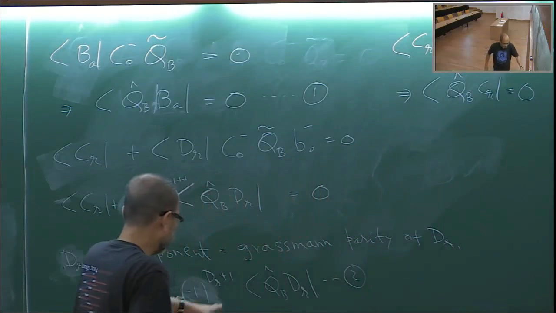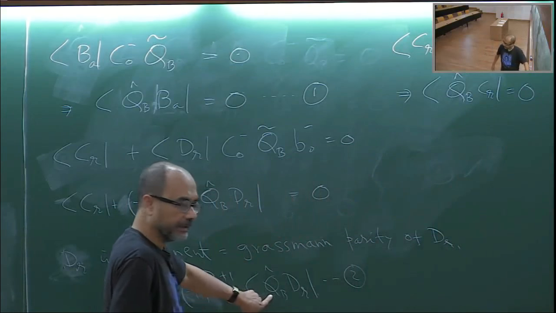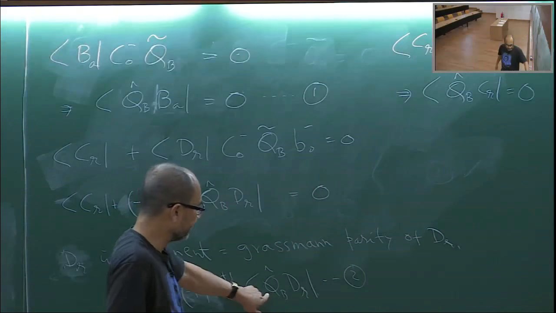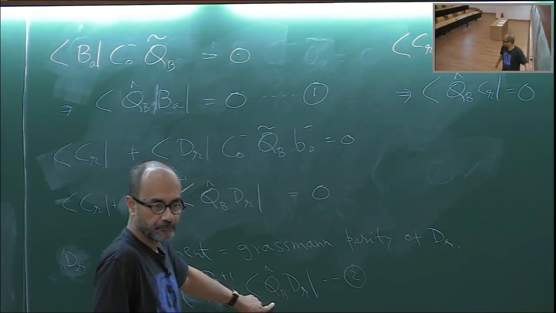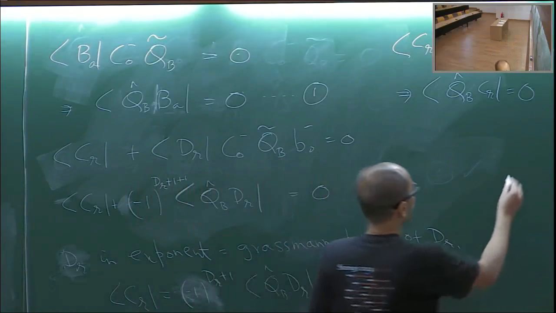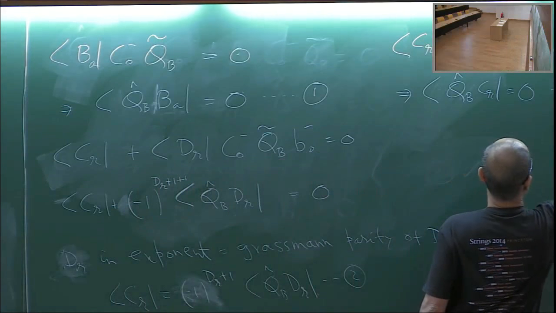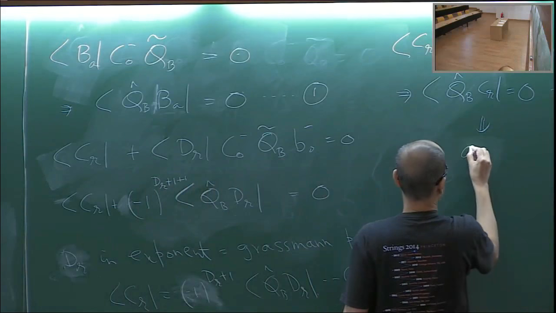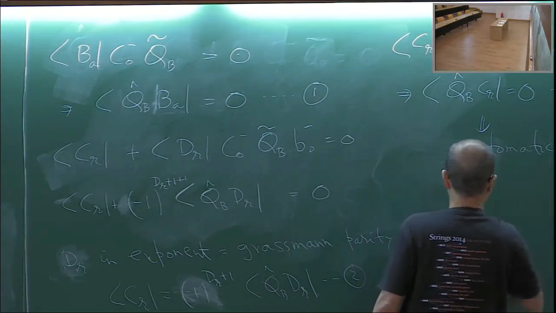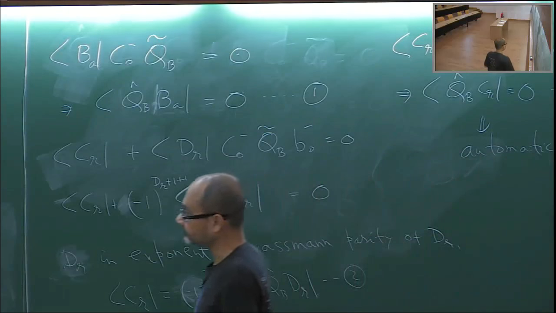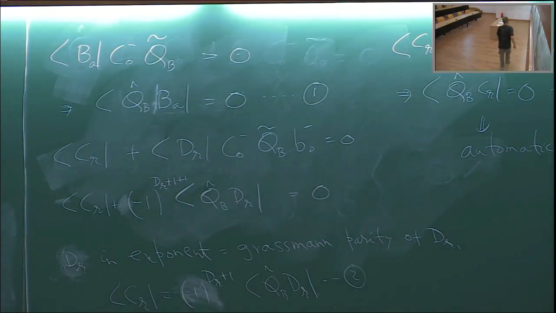But QB hat CR of course is 0 by this, because QB hat CR is QB hat square dr, and QB hat square is 0. So this is trivial. So this was condition 3, but automatic. So using this, now I am going to write down the expression for delta naught.